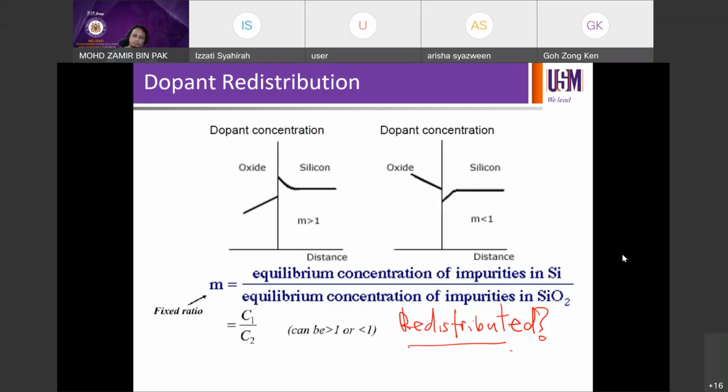Dopant redistribution. What is the driving force in that process? Why is there suddenly redistribution? What is the main parameter that could drive this redistribution? Anyone? Just write it there, I'll look. Open the book.